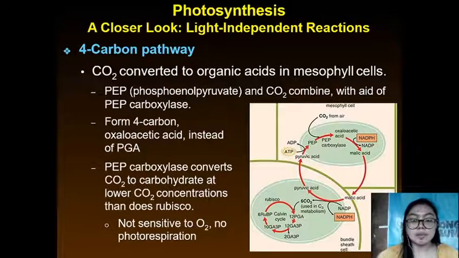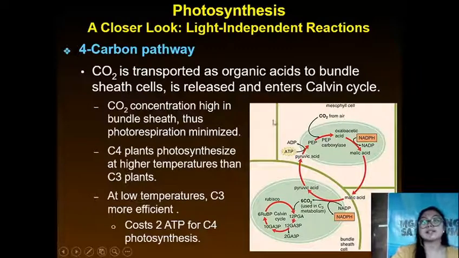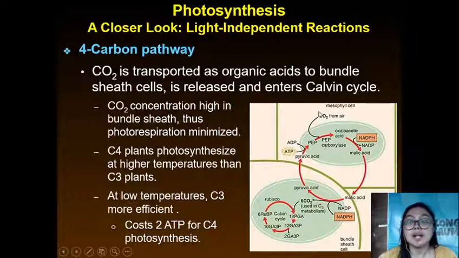So, this topic is a bit confusing. Carbon dioxide is transported as organic acids to the bundle sheath cells, which are in the Kranz anatomy, and then is released and enters the Calvin cycle.